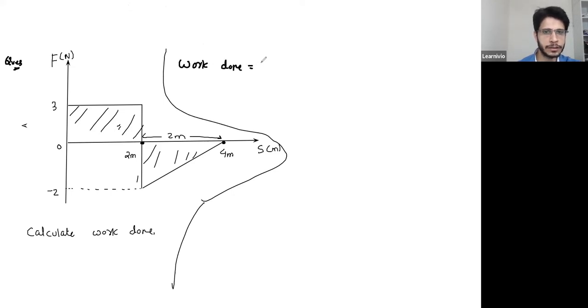Here work done is equal to area of rectangle plus area of triangle. Area of rectangle is base into height, it's 3 into 2.